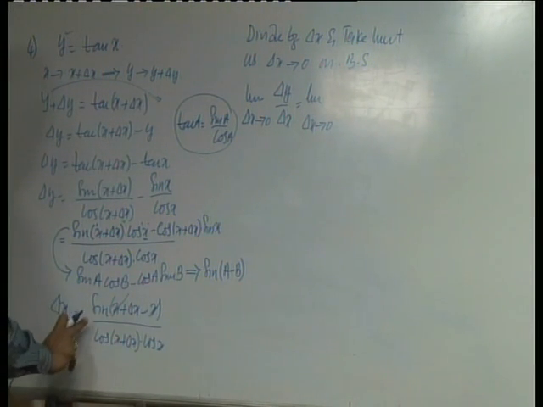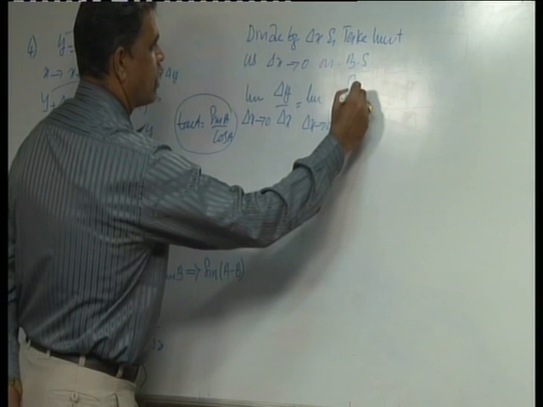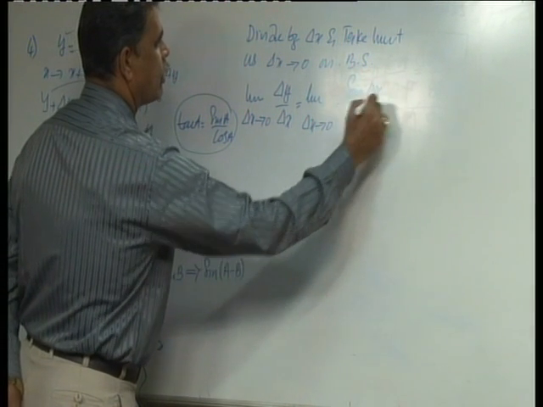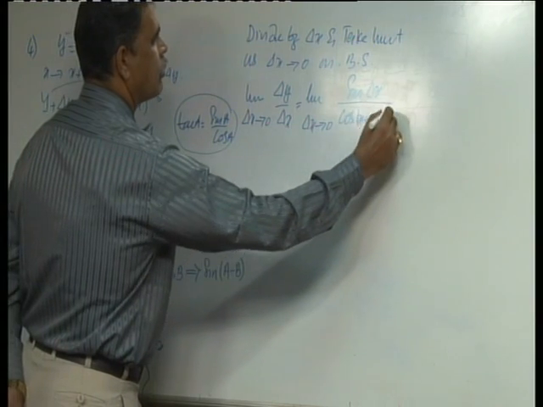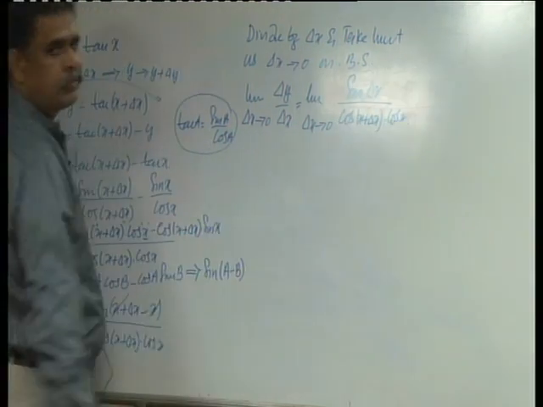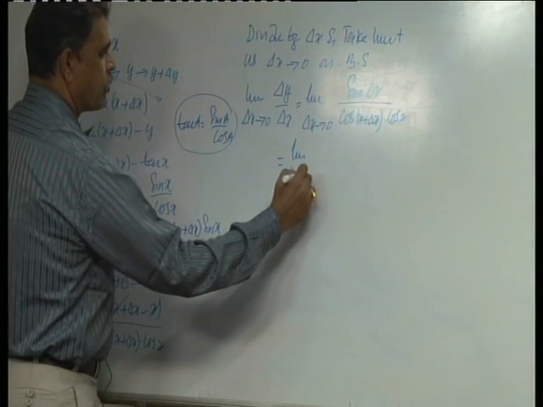Right hand term is what? Sin delta x divided by cos x plus delta x into cos x. This is equal to limit delta x tends to 0.